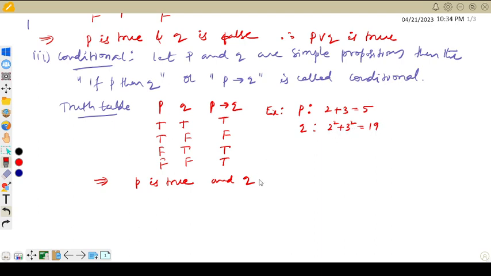It is not 19, so Q is false. Therefore, P then Q is false.